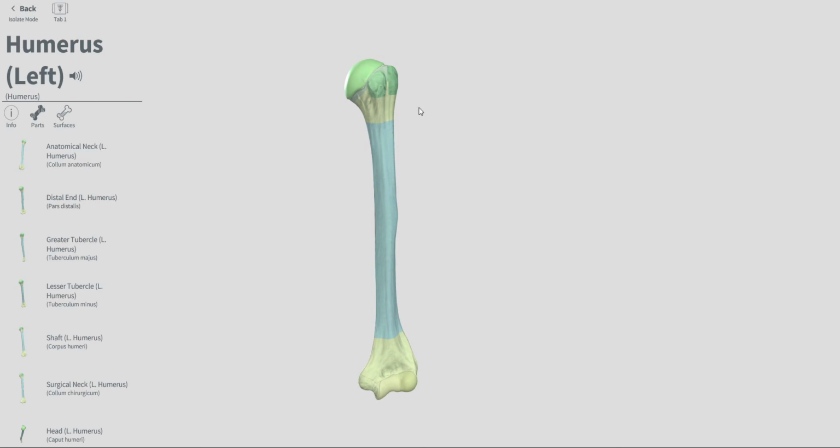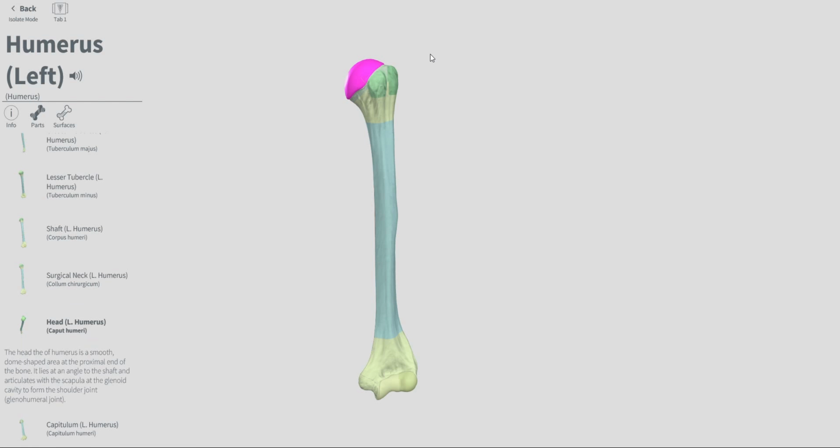First of all, it's important to mention that in the upper extremity we have a spherical part, which is the head of the humerus. It provides articulation with the scapula, to be more precise, with the glenoid cavity of the scapula, and it participates in forming the glenohumeral joint.